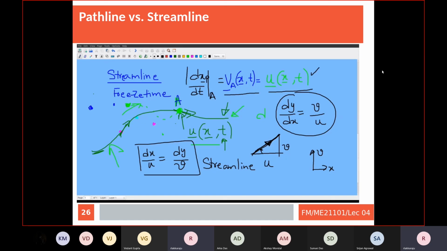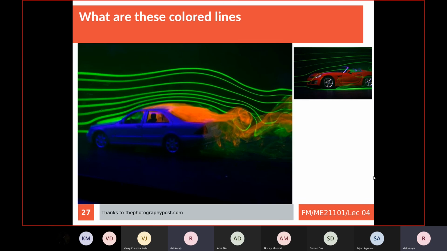So if I integrate this equation from this location to the next instantaneous time, perhaps I will be in a position to track the next position of the particle. Great, that is the way we calculate that.